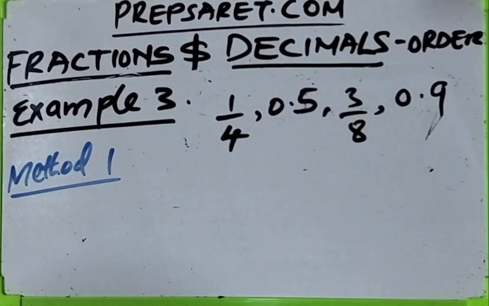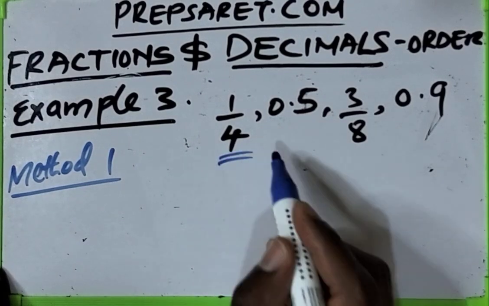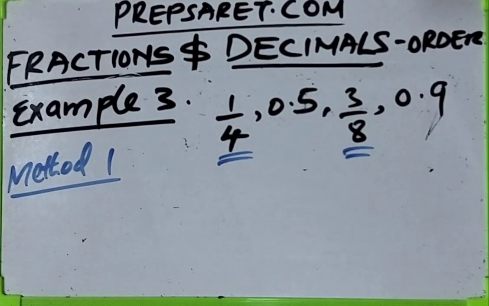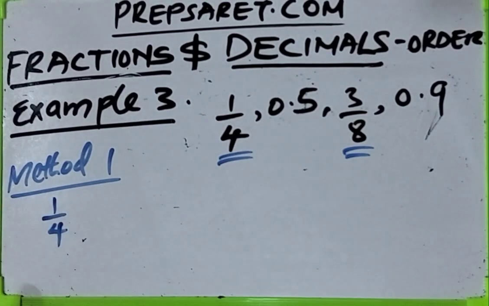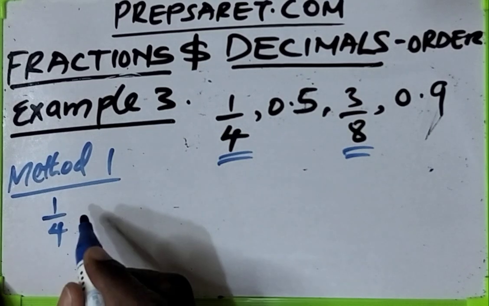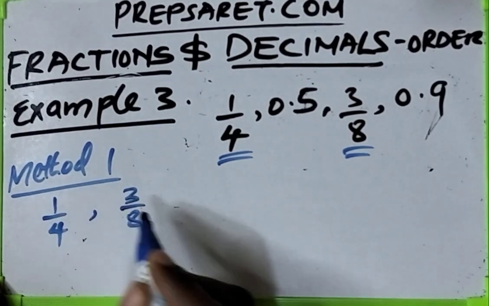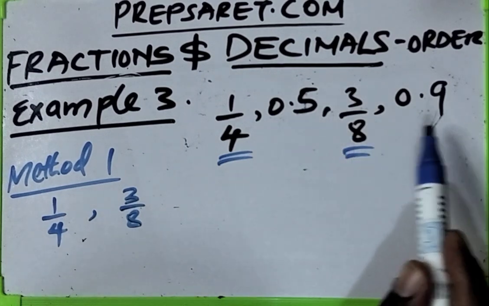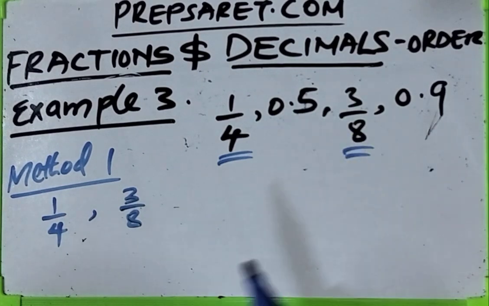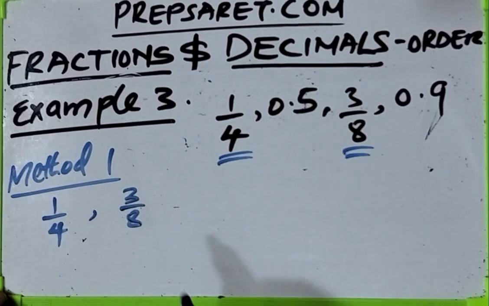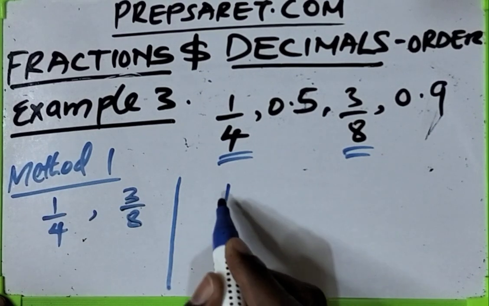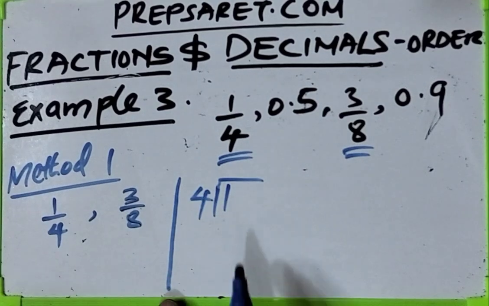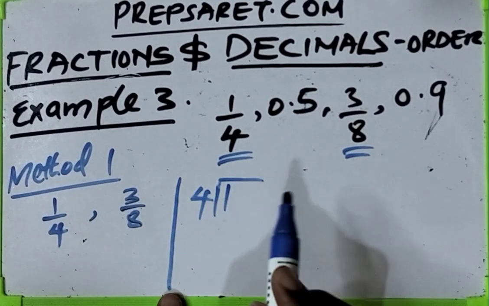So in the first method, method 1, we need to check on 1 over 4 and 3 over 8. So we convert the two fractions into decimals so that they can be uniform with 0.5 and 0.9. In this conversion, I will teach you the shortest method, which is application of the long method of division, whereby 1 divided by 4. 1 is less than 4, so you can't divide it directly.